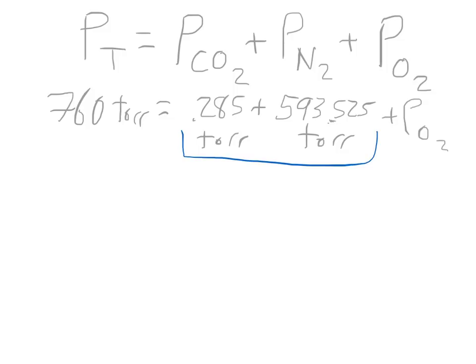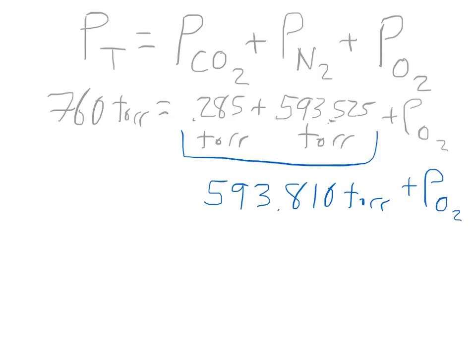When you add that together, it comes out to be 593.810 torr. And then don't forget to keep the partial pressure of oxygen on this side of the equation, and on the other side of the equation you still have 760 torr.